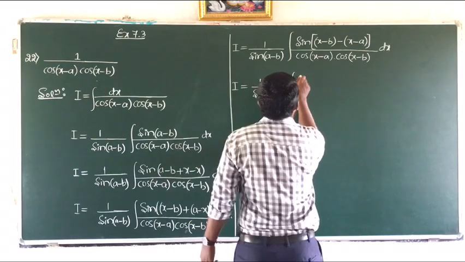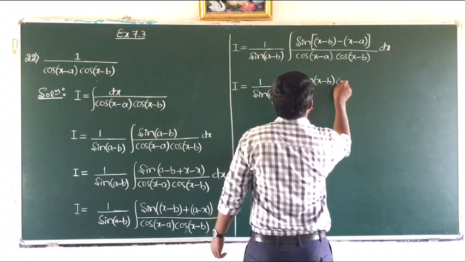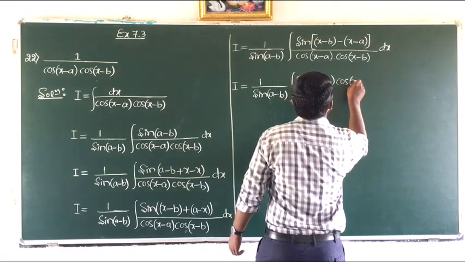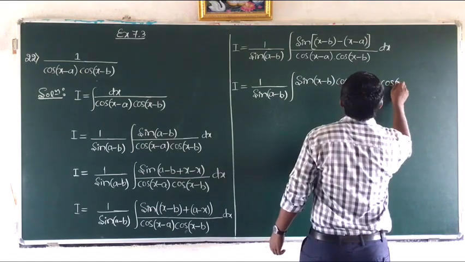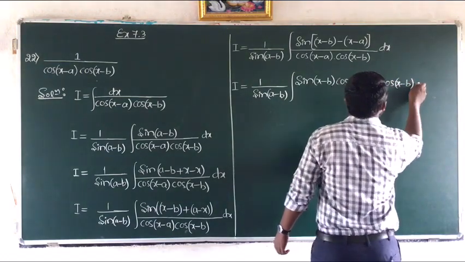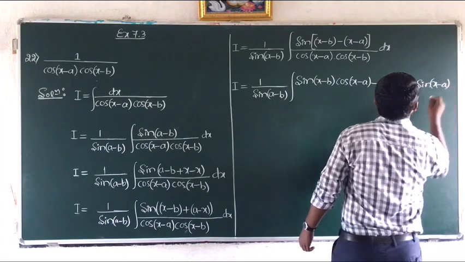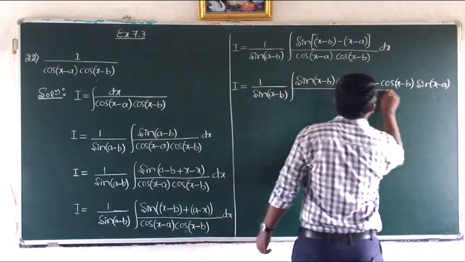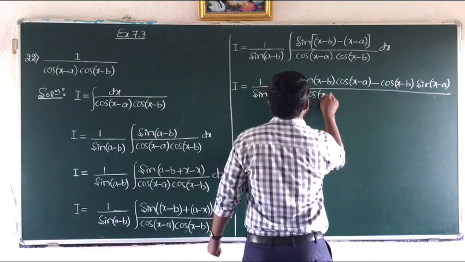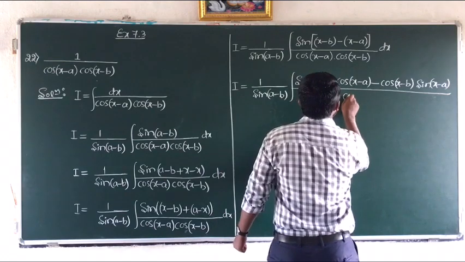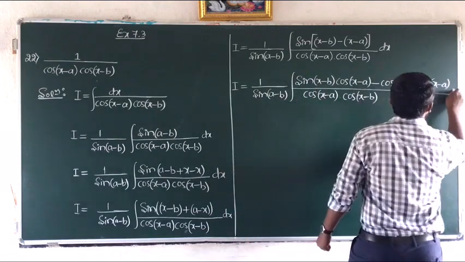It is sin a, that is sin (x minus b), cos b, minus cos a sin b, that is sin of (x minus a). Then whole divided by the denominator as it is, cos of (x minus a) into cos of (x minus b). So here I write dx.